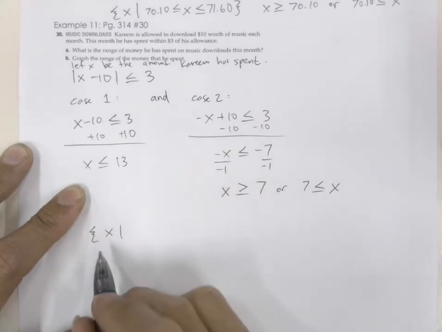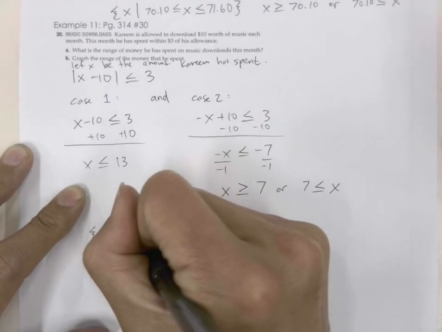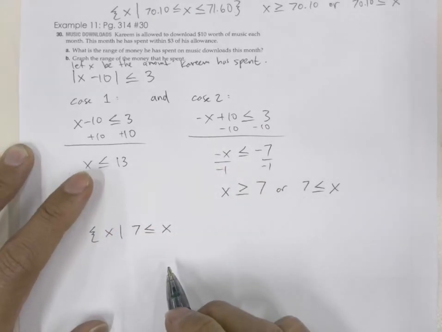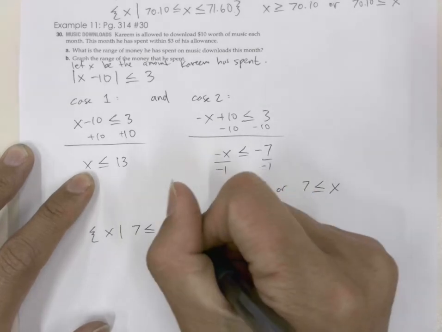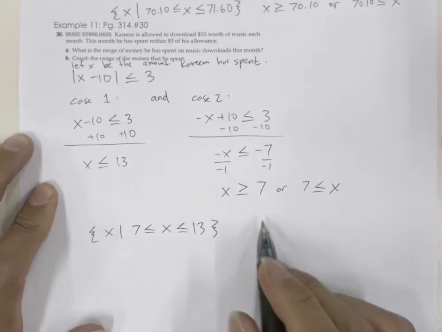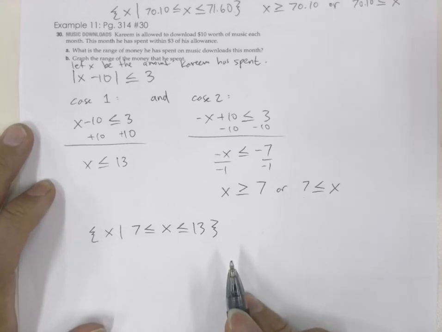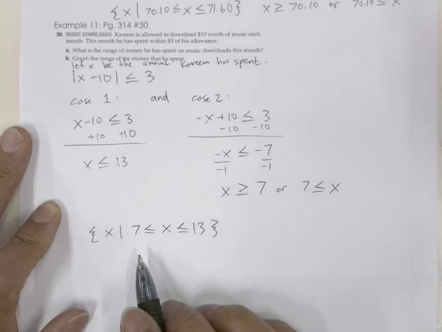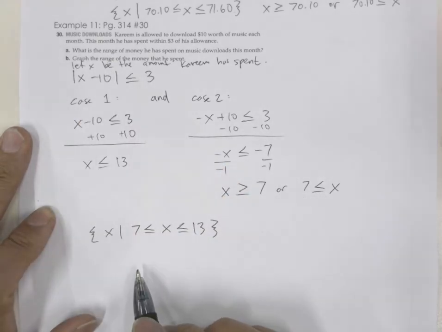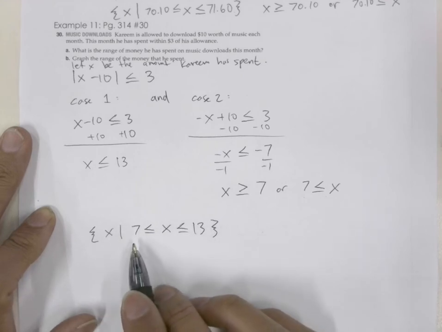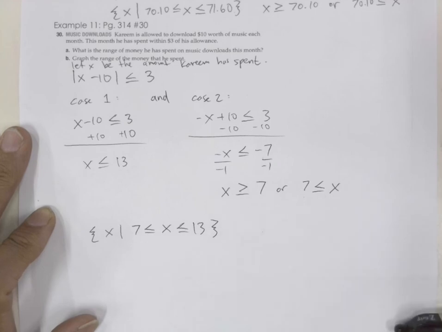So all x such that 7 is less than or equal to x, and x is less than or equal to 13. So this is our solution set. And what it's telling us is that Kareem has spent an amount that's between 7 and 13 inclusive, meaning including 7 or 13.